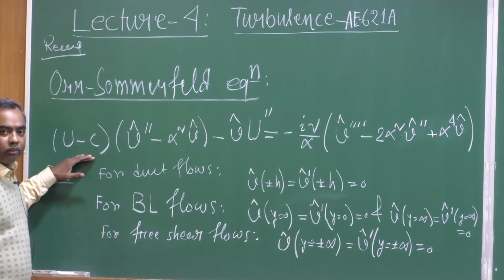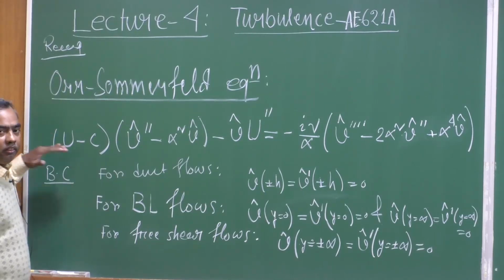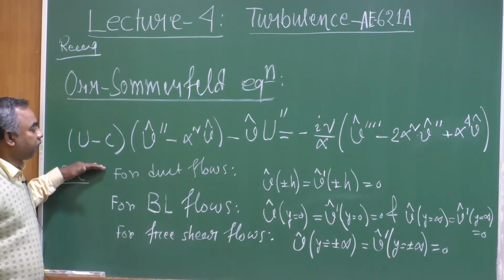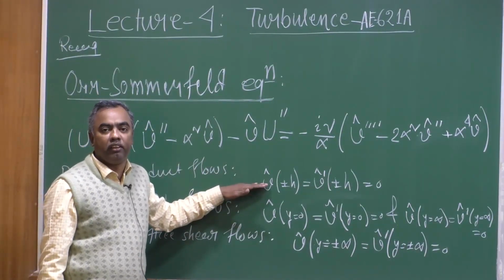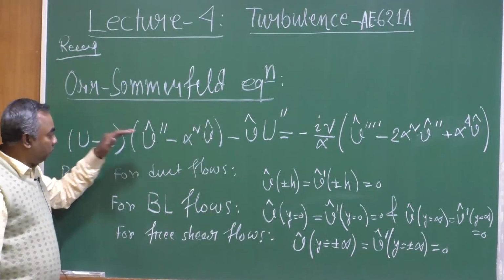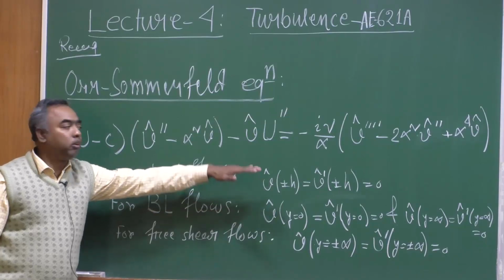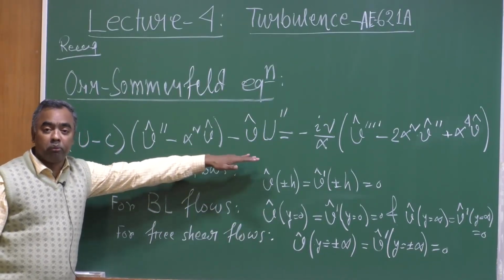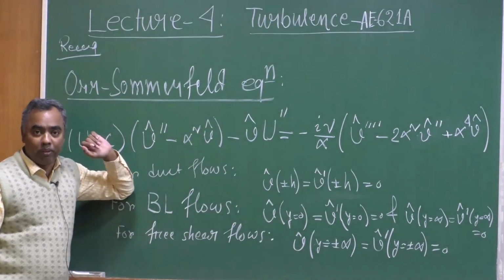It was also mentioned that this equation is a fourth order ordinary differential equation with homogeneous boundary conditions. A homogeneous ordinary differential equation with homogeneous boundary conditions gives us an eigenvalue problem.